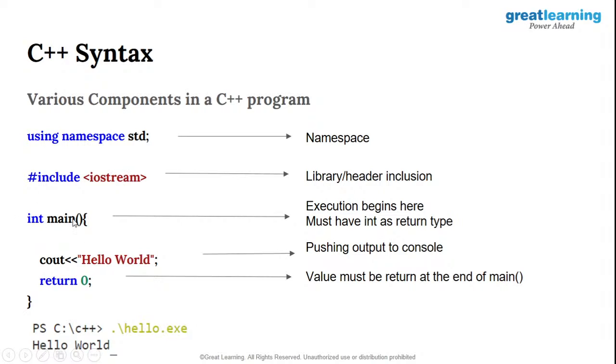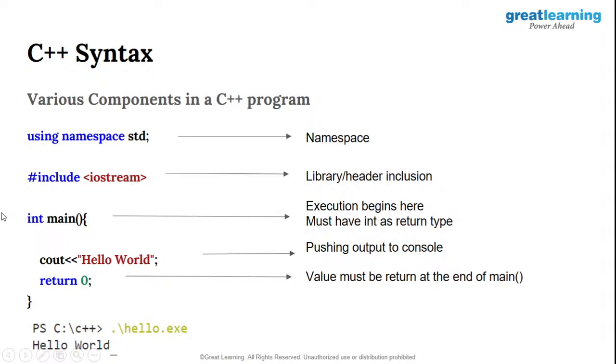Now we come down to int main. You guys might be wondering, what is int main? Whenever you write code in C++, you do so in blocks. A block is basically a block of code, like you see the curly brace starting over here and ending over here. So you have a lot of blocks of code in which you have different types of code.